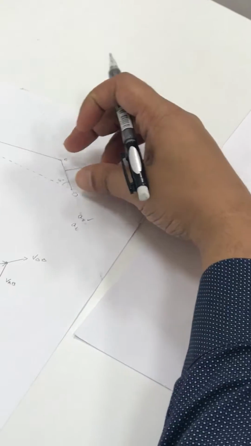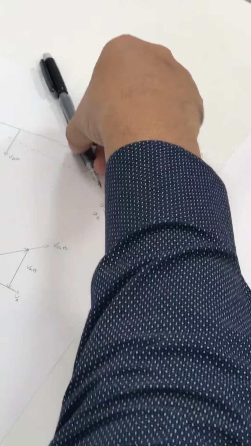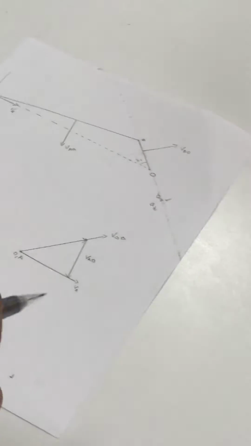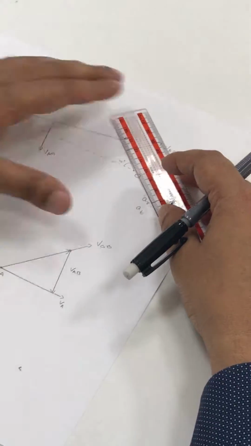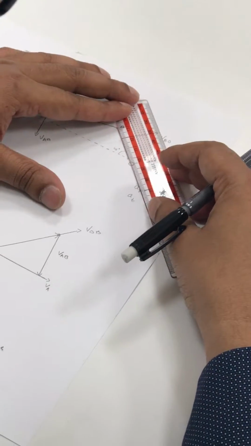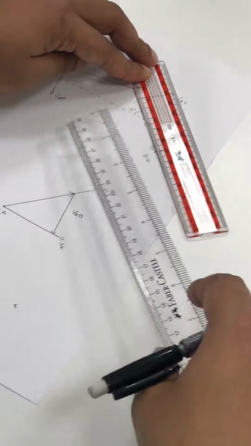For this one, the link is OB, so the radial should come out from the center. Clear? Now if I want to take that one, I need another scale. The idea is exactly the same.